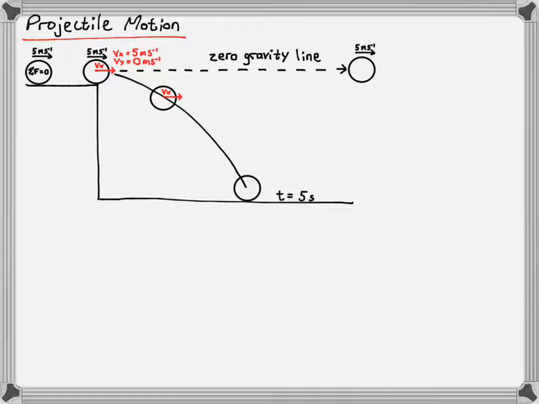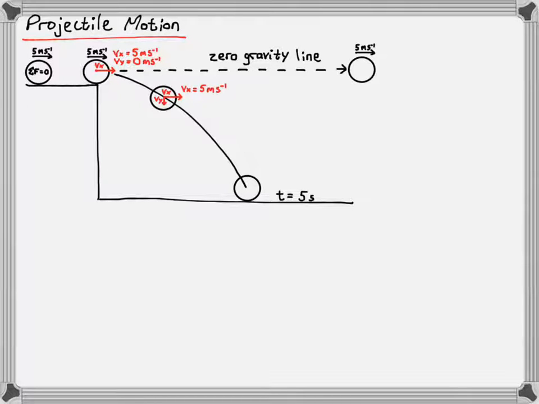Think about what forces are acting on it in a horizontal direction. There's no air resistance. So hopefully you understand that if there's no net forces acting on it, its velocity will remain constant. In other words, its horizontal velocity, or its velocity in the x direction, will remain at 5 meters per second.